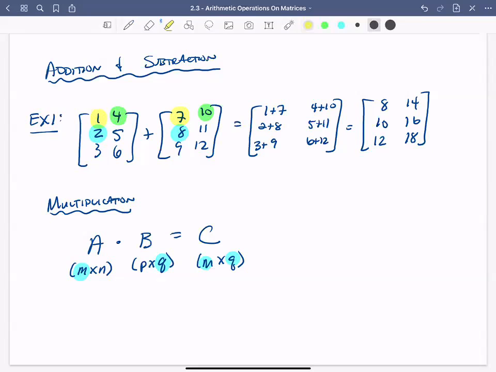You have to know that N and P have to be equal. This has to happen.